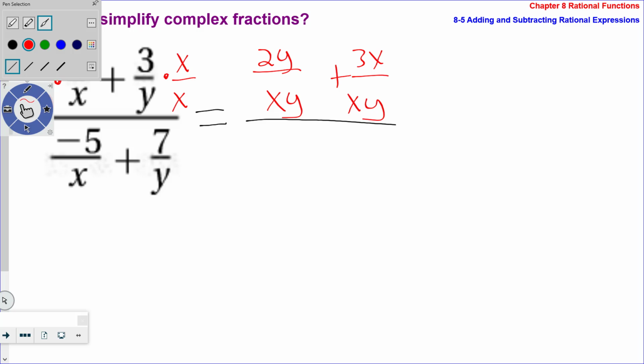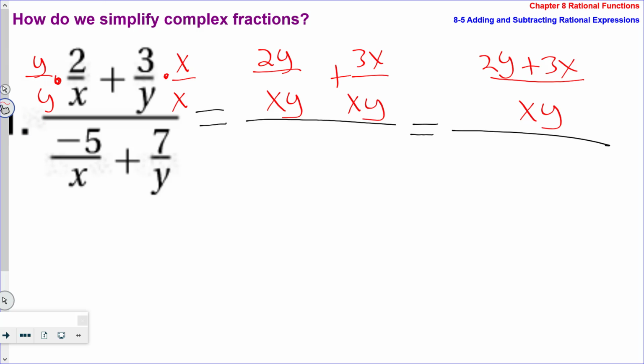We'll go down to the denominator in a second. Now that we have a common denominator, we just add the numerators. So the numerator is just going to be 2y plus 3x over xy.